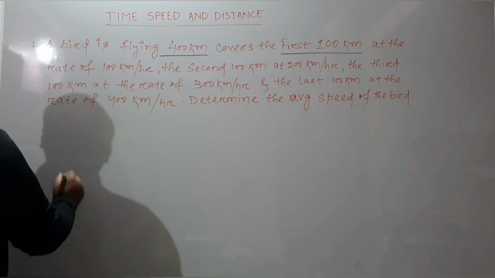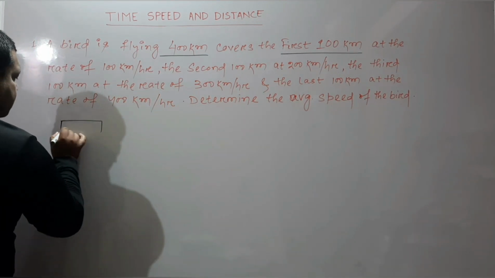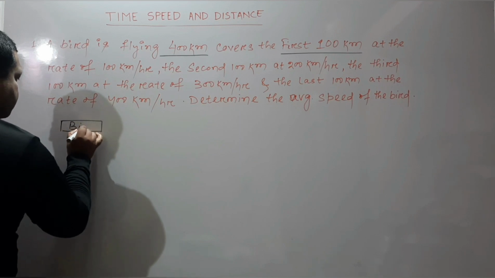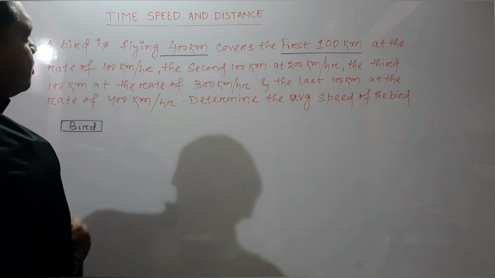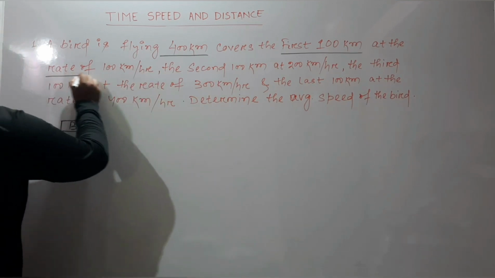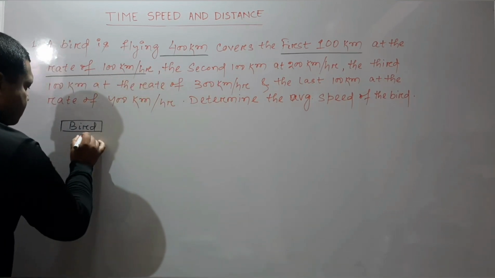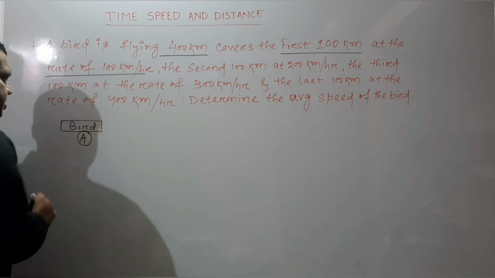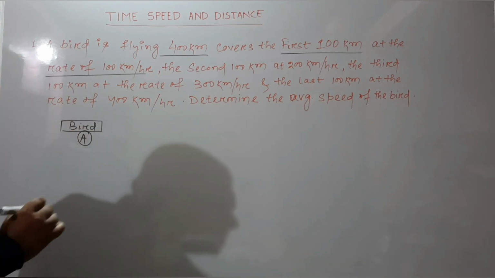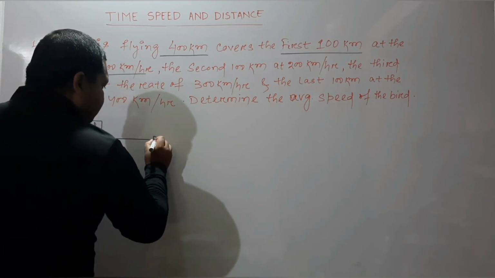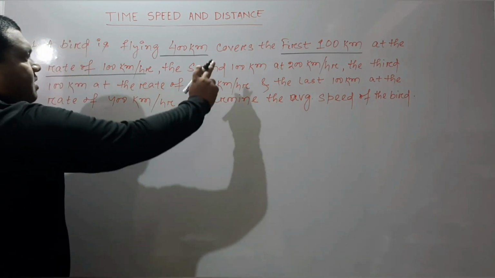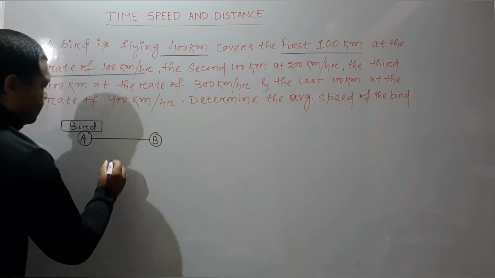So here a bird is flying. He covers the first 100 km at the rate of 100 km per hour. Suppose this is the initial position. Bird is at position A. From position A to position B, it is given the distance is 100 km.